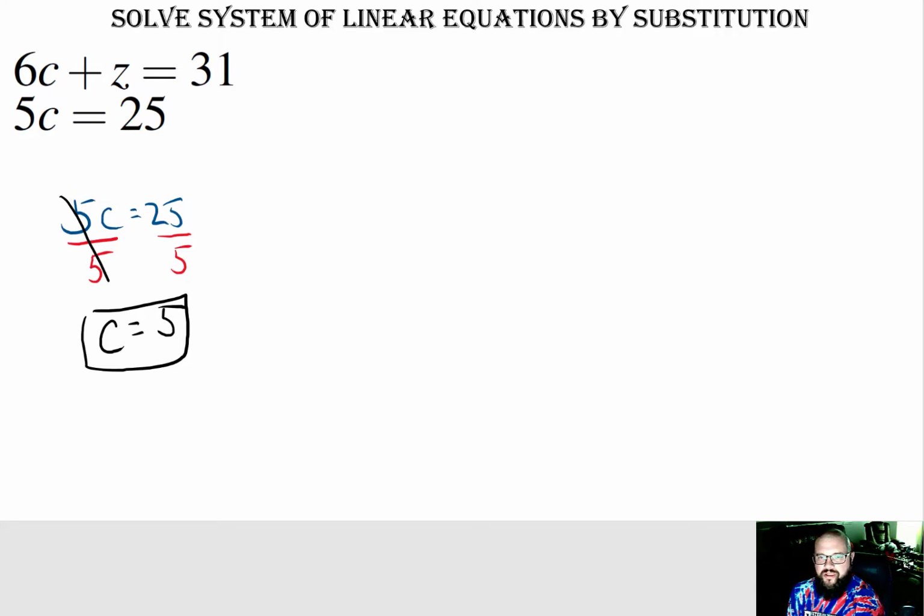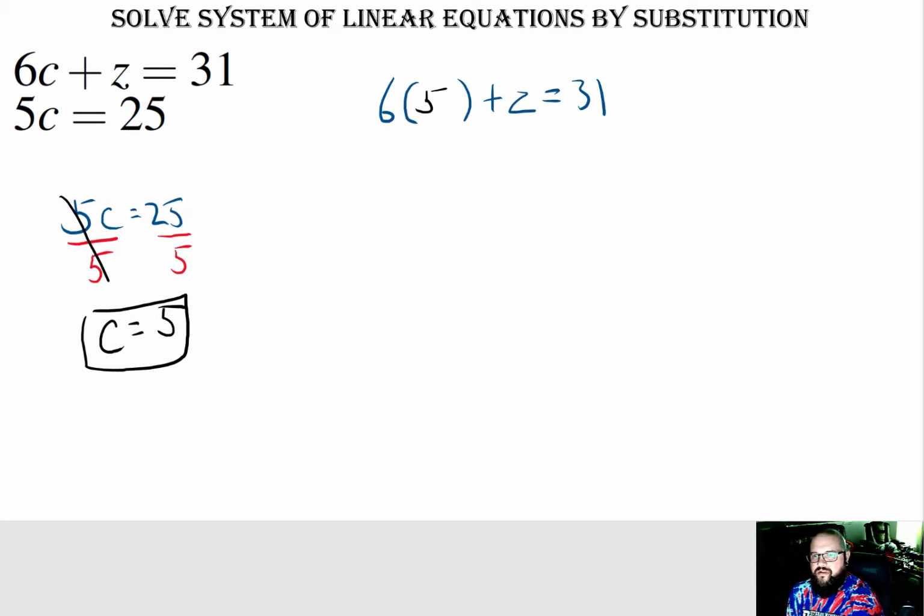Now we can plug that c value into the top equation and solve for z. We have 6 times our c value of 5, plus z, equals 31.